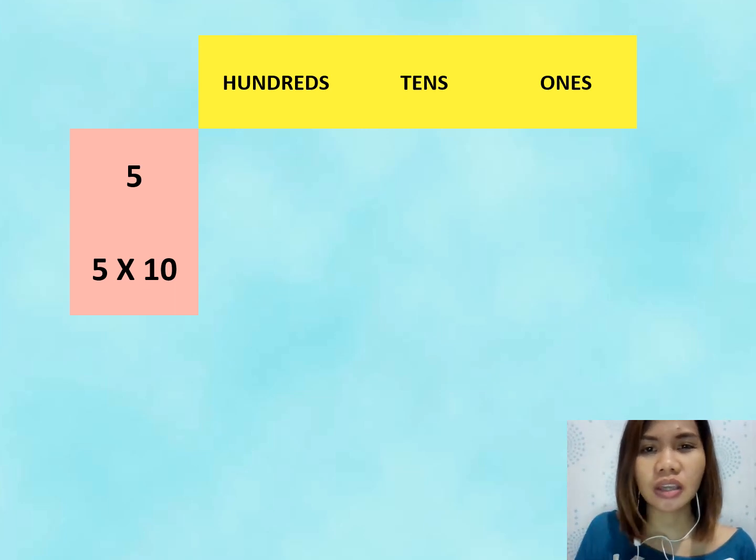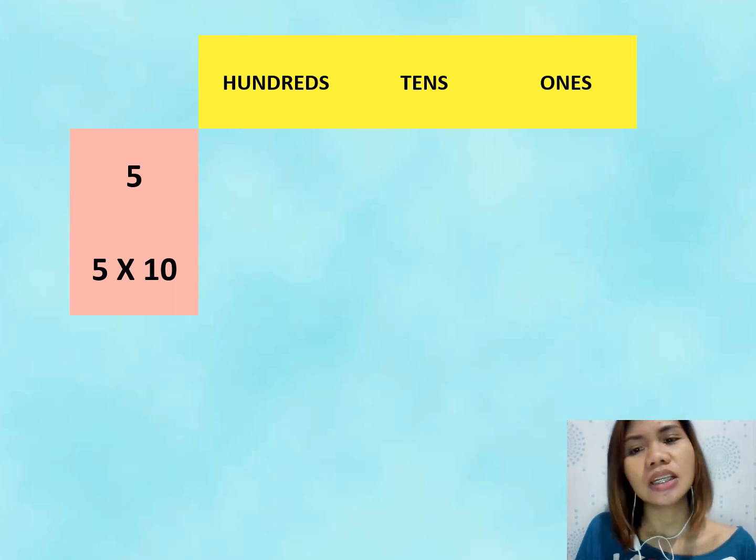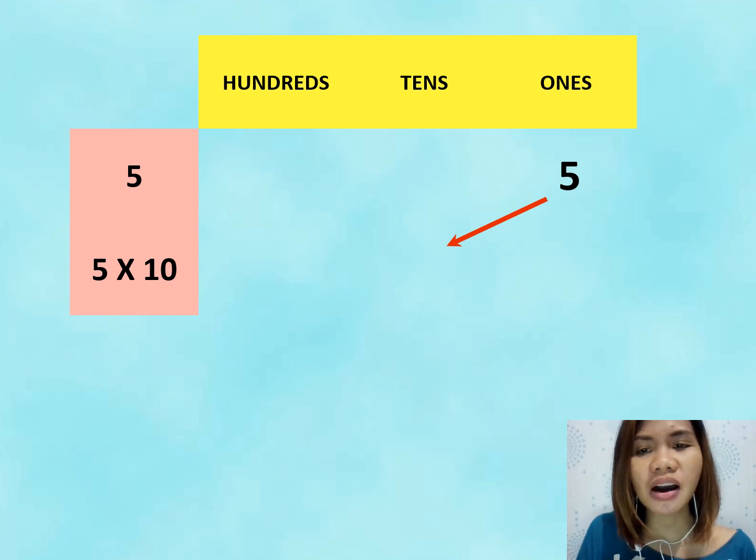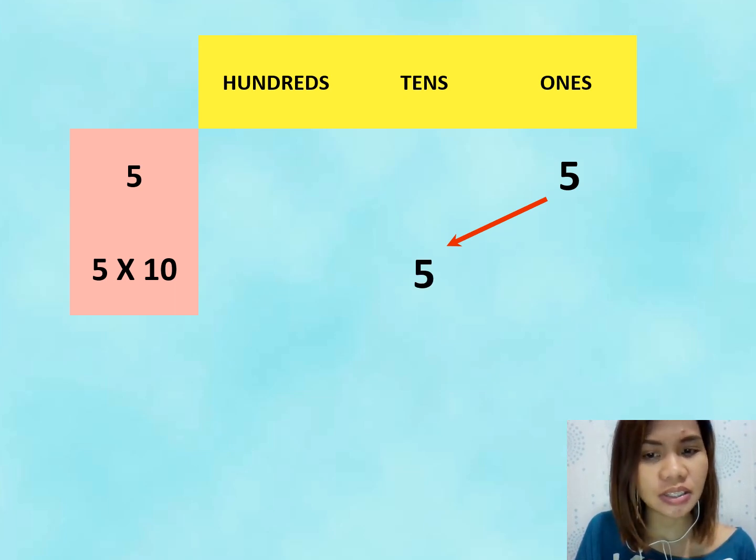So here, take a look. The sample question is 5 times 10. From just 5 ones, we multiply to tens. So your 5 ones will become 5 tens, or we say 50.